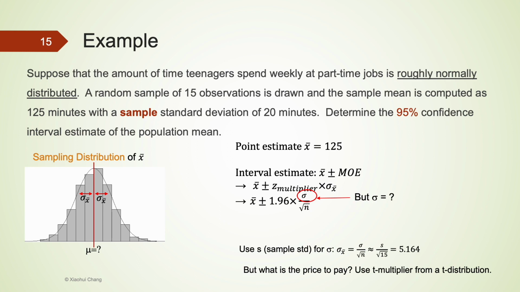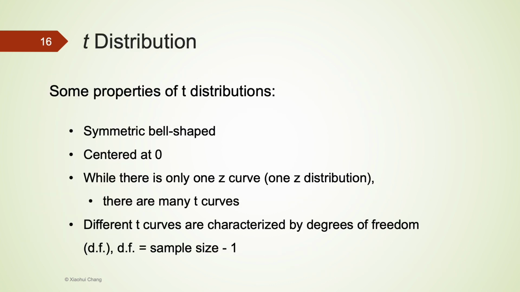The t-multipliers are from the t-distribution, so let's talk about the t-distributions next. A t-distribution shares many similarities with the standard normal distribution, also known as the z-distribution. It is also a symmetric, bell-shaped curve, centered at 0.